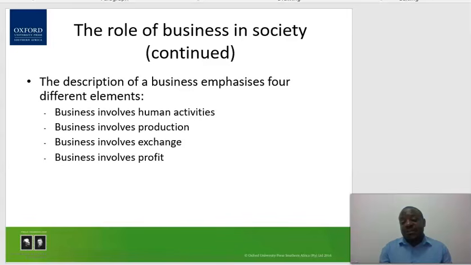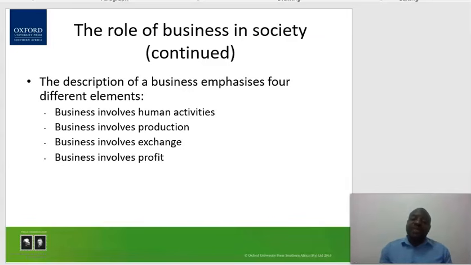But it is also important to realize that those machines, such technology, will still need people to operate it. So business involves human activities. It involves people. Business involves labor. There are people who ought to be working. So we cannot talk of business without talking about people.